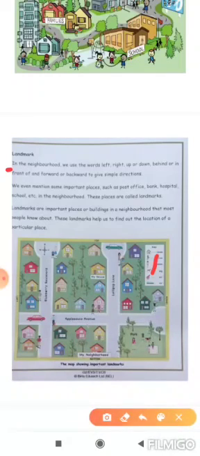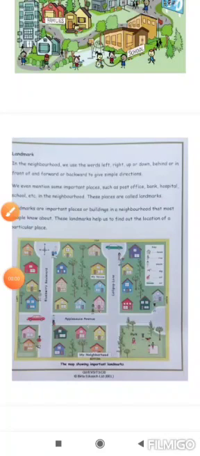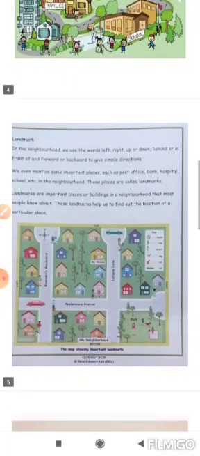Here I mention near Government Girls Higher Secondary School. It means that Government Girls Higher Secondary School is landmark in my locality. Is it understood?